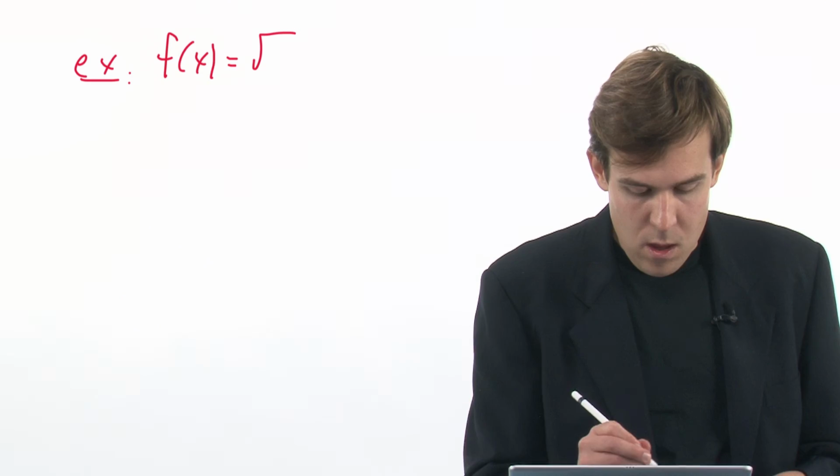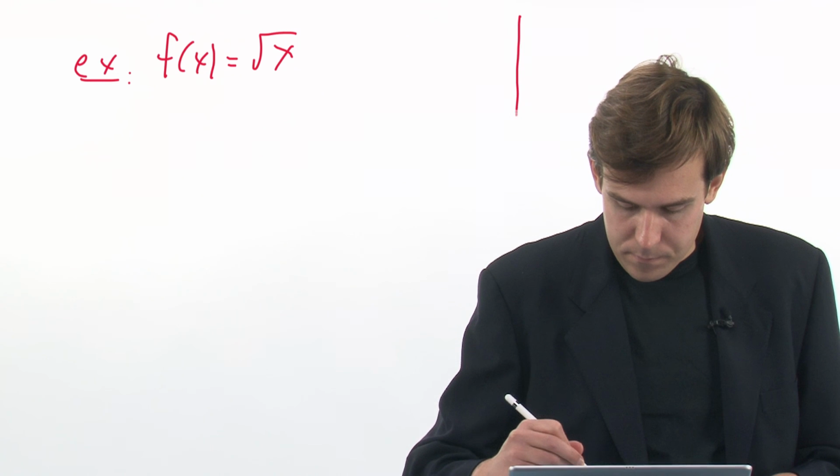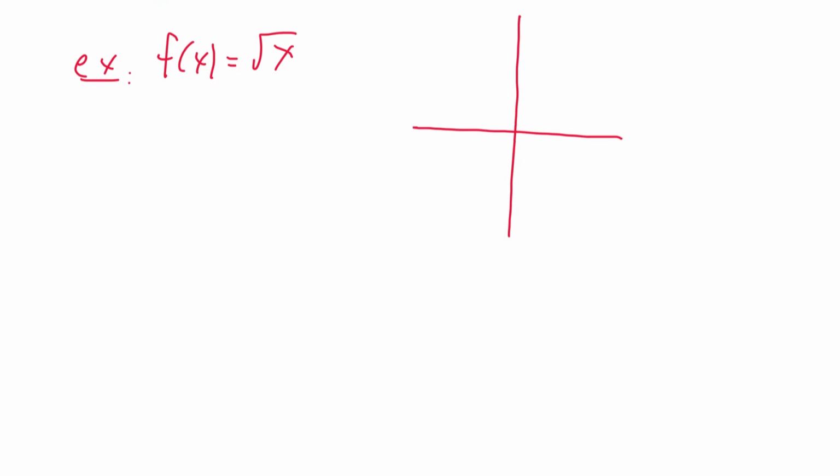So we'll look at a similar picture for the square root. Again, we'll just draw a rough plot here. It looks something like this. So we can add a few tick marks. 1 is on here, and then 4, 2 should be on here.